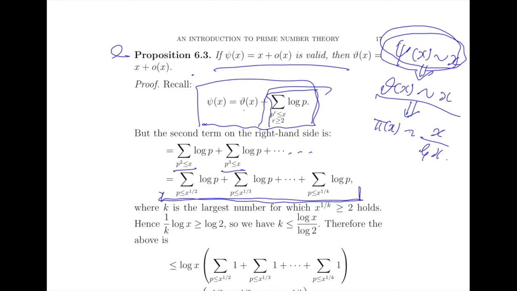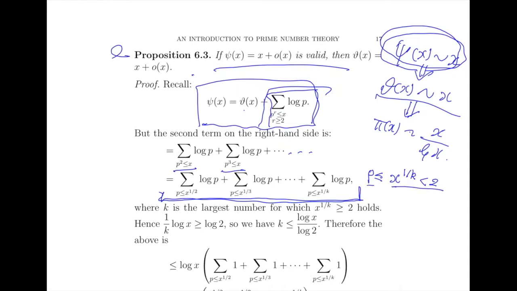And if x to the 1 over k is less than 2, then the prime which is less than x to the 1 over k does not exist because the smallest prime p is 2. So if this is less than 2, there is no such prime.